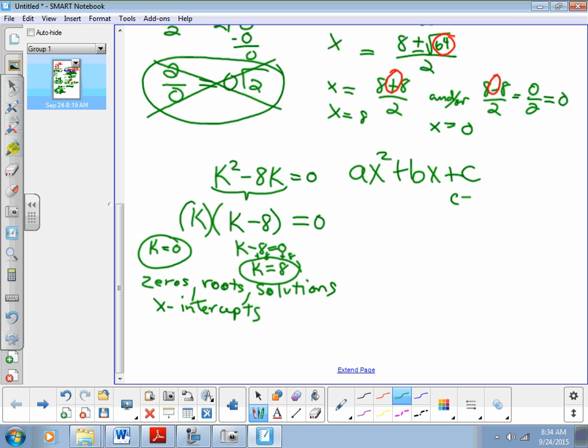If the c value is 0, meaning it's not there, and if the a value is 1, you notice the a value right here is a 1. Now, they didn't use an x, but you understand it doesn't matter that they don't use x. It's still a variable, as long as it's a variable. If the a value is 1 and the c value is 0, then you should be able to do this within 10 seconds. Yeah?